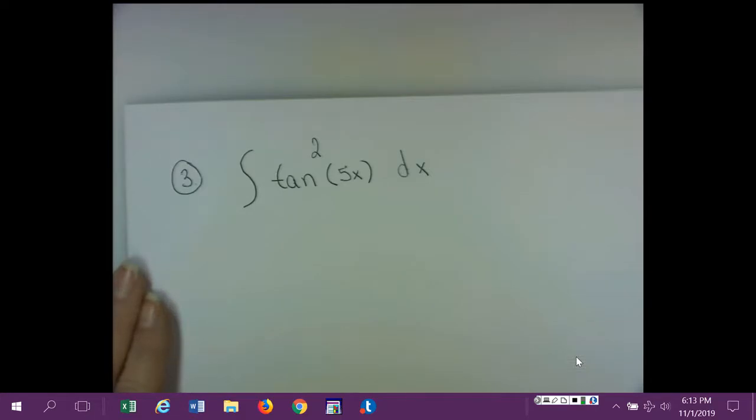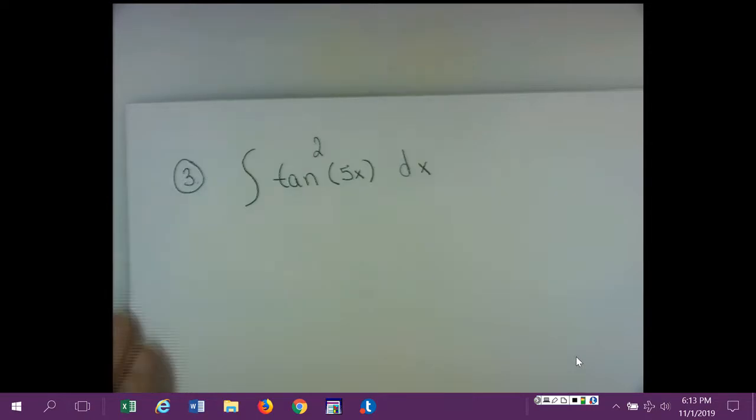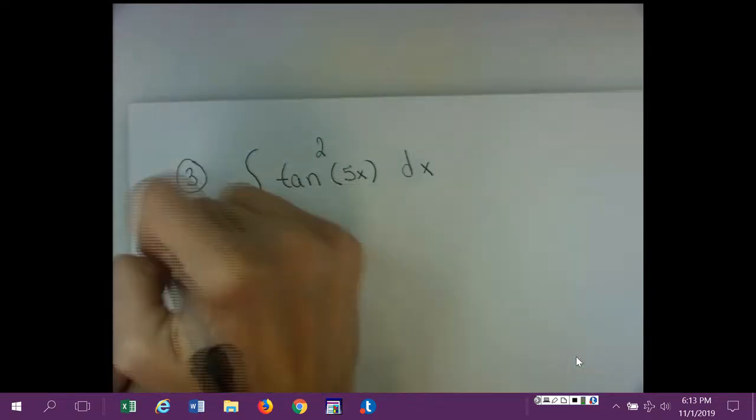So I guess I'm kind of making this easy. And I need to do an example of a definite integral. Let's do this as an indefinite first.